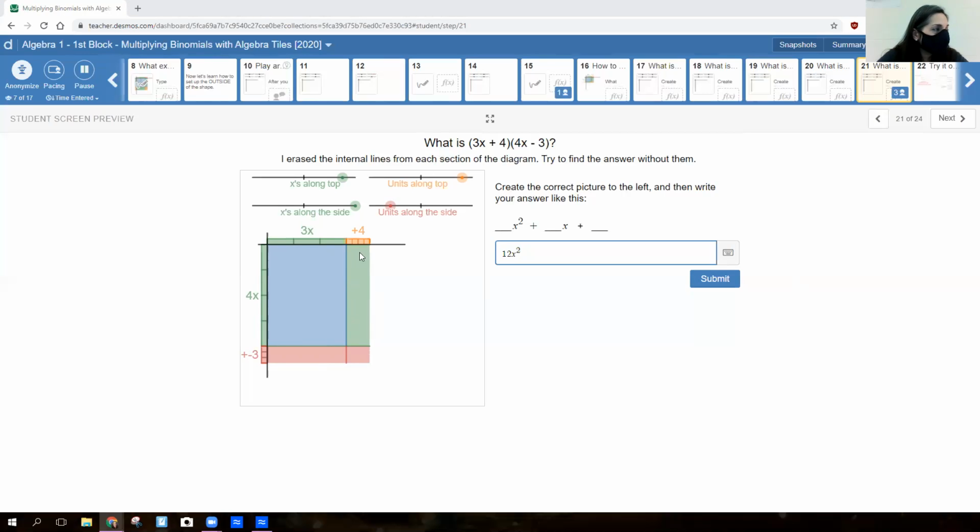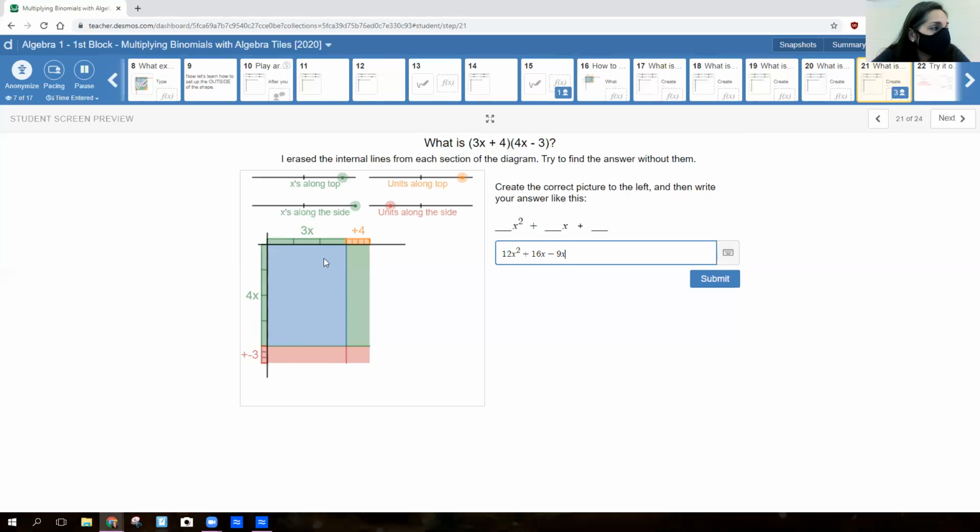This green part right here would be plus 16x. Very good. Now we've got some red ones down here that we'll have to take away. So minus, how many of the x terms would be down here? Let's see, you've got 3 by 3. So if you do negative 3 times positive 3, that's going to be minus or take away 9x, right?